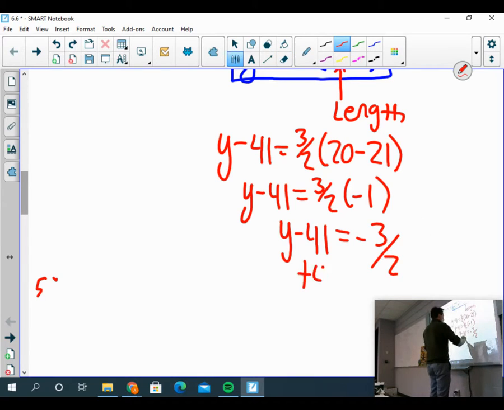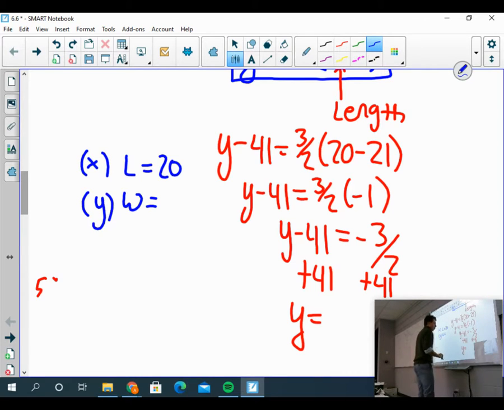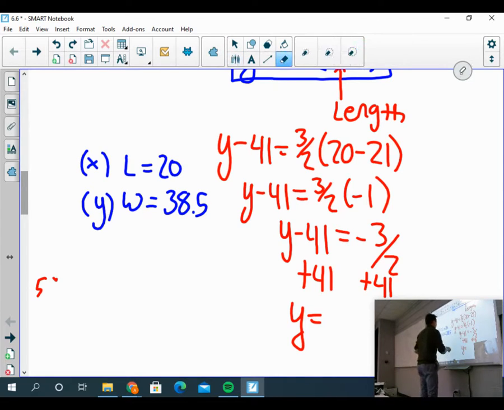I want to add 41 to both sides. And when I do that, I find out that a hawk with length 20 inches, and we said the hawk's length was 20, its wingspan, aka the y value, will be 39.5. You do that in a calculator, negative 3 halves plus 41, you will get 39.5.